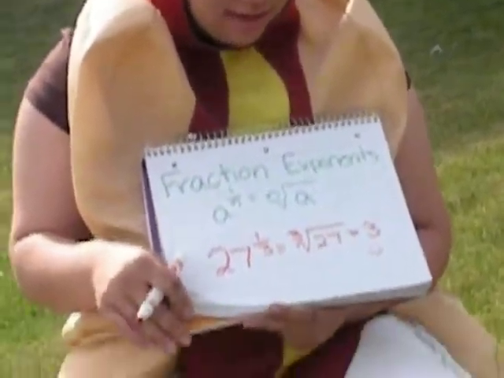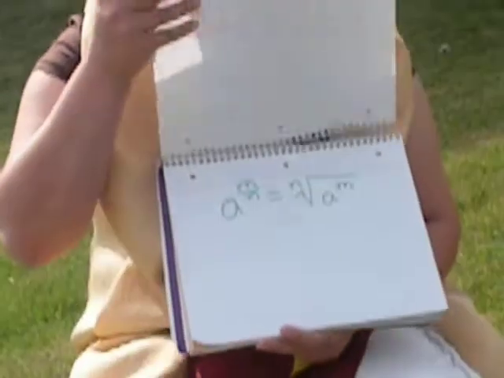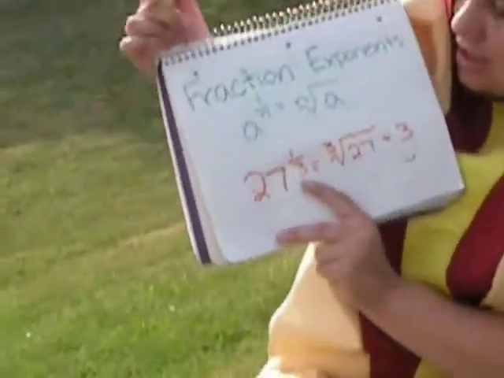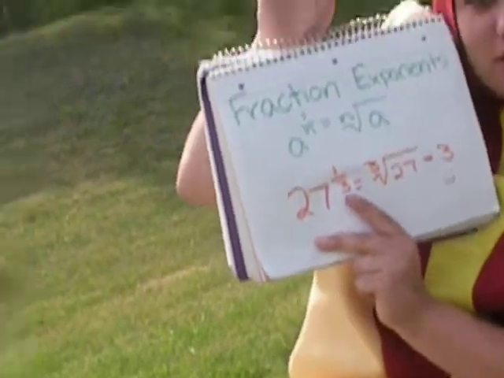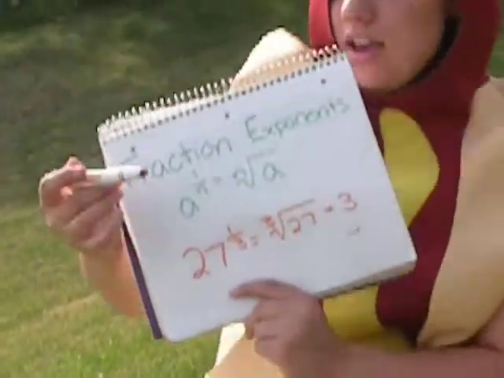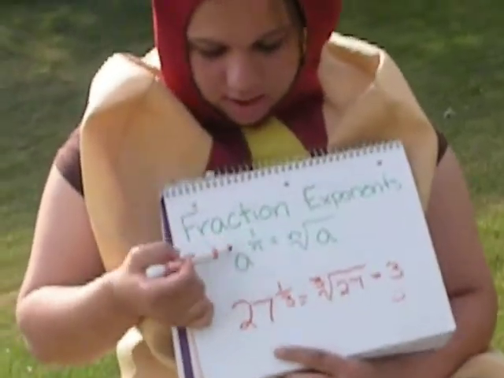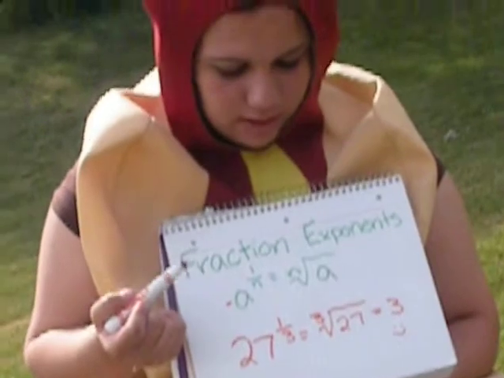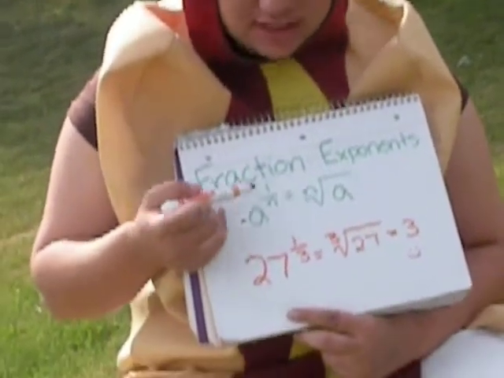Now for the last, nope, we have one more. For the next special case exponent, you have fraction exponents. And that is when you have a base to a power that is a fraction, which for this, it's a to the 1 over n.